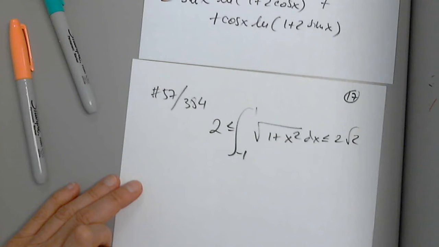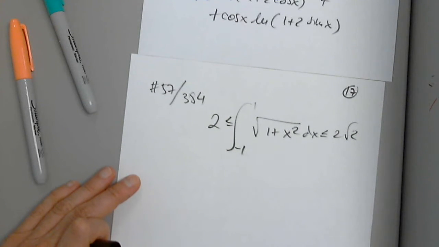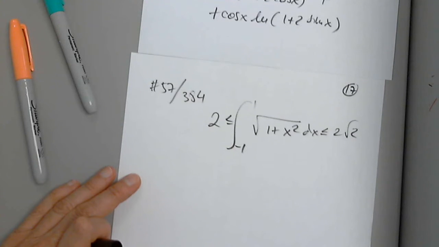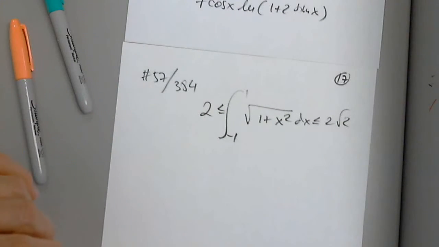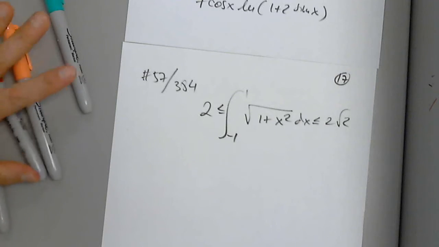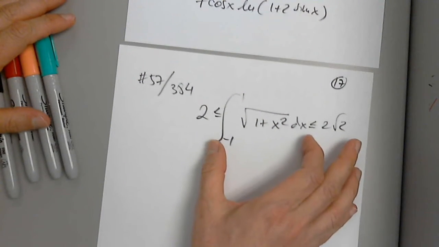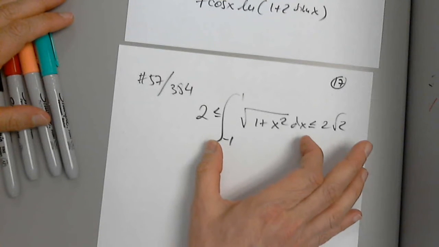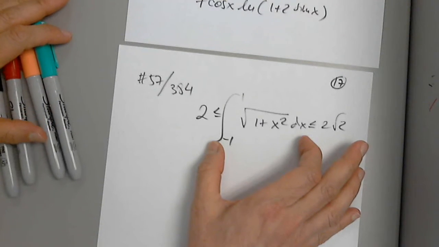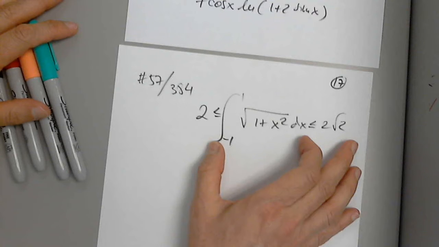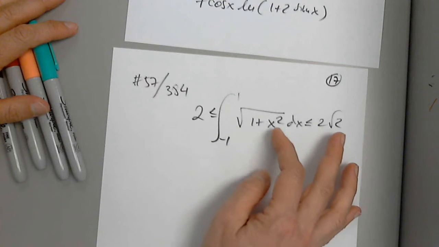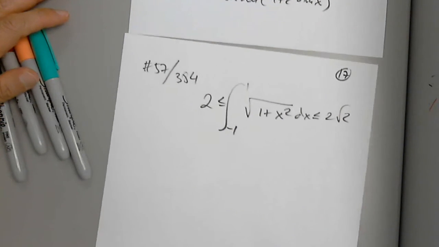This is 5.2, the properties that we started with last time, and I didn't show you any example. We cannot, by the way, don't even attempt to determine this exactly. You can't. I can't. We can't. Why? Because we don't know the antiderivative of the square root of 1 plus x squared. Don't even try.